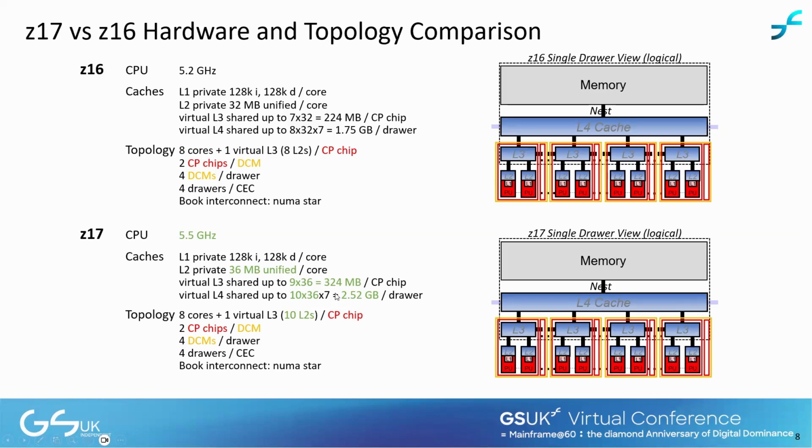So significant shared cache growth. And the topology is generally similar. Again, we still have 8 cores, but this time we have 10 level 2s, and it's otherwise quite similar.